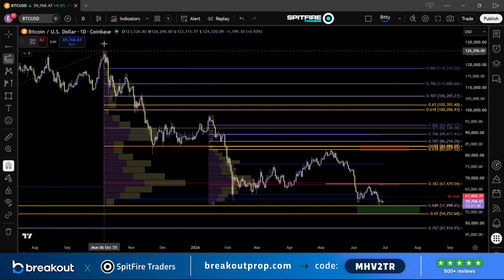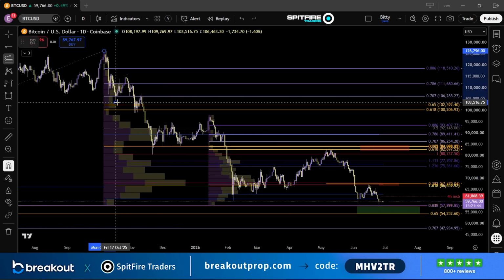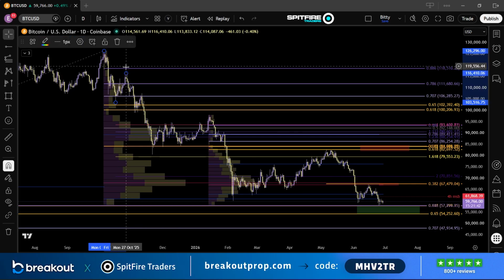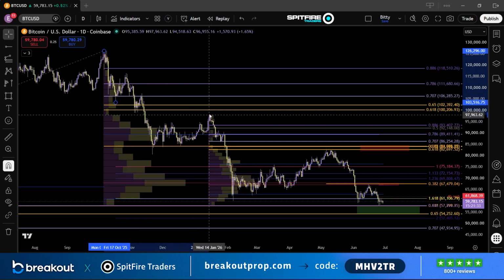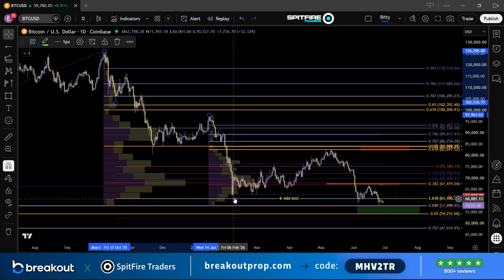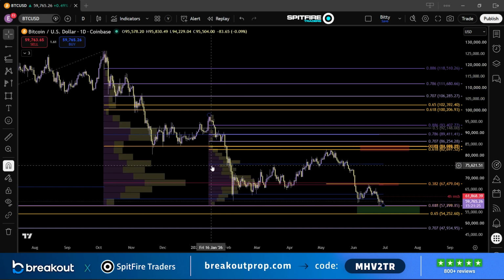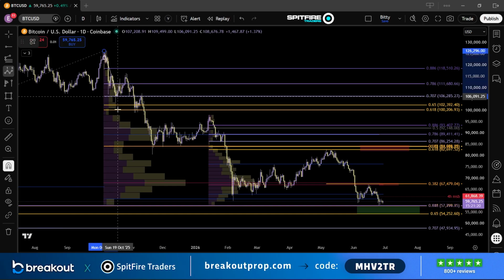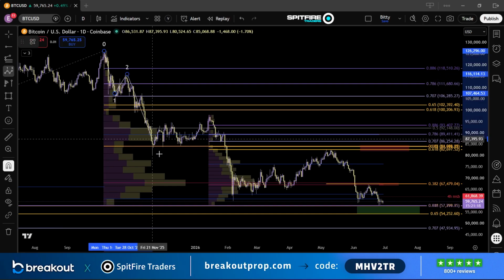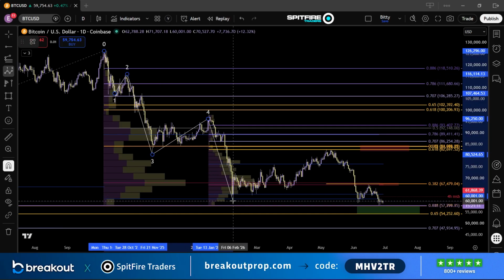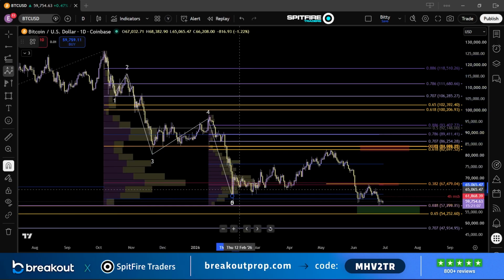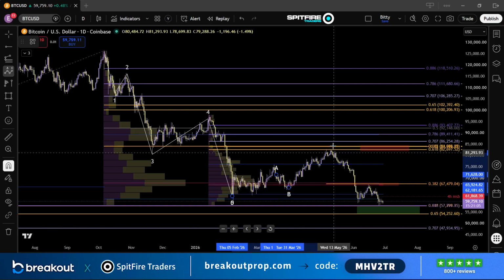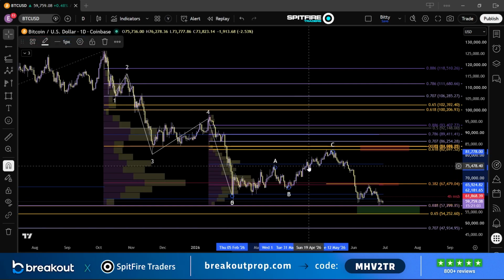And for the 5 waves down, wave 1 low, high of wave 2, we had a 1618 for wave 3, and for wave 4, we had again a 1618. So this one looks clear for a 5 wave move down, like this. 1, 2, 3, 4, and 5, with this one being an A, B, C here.